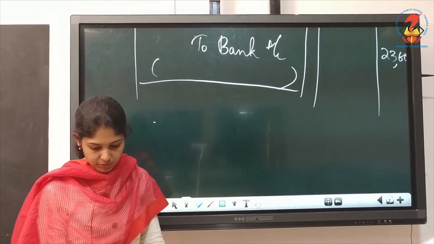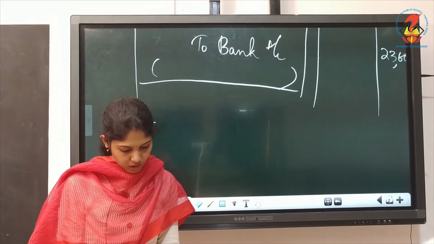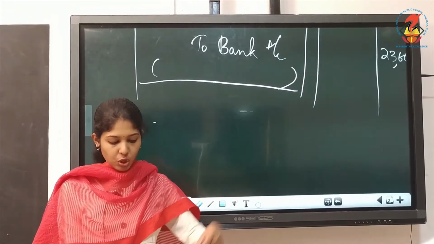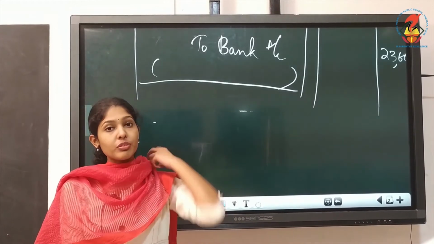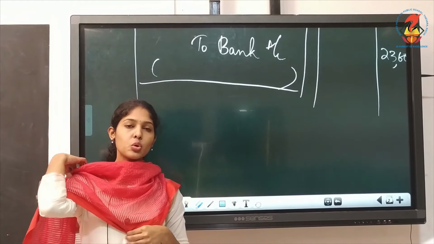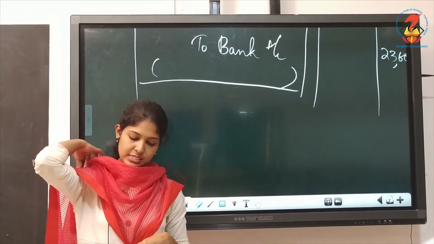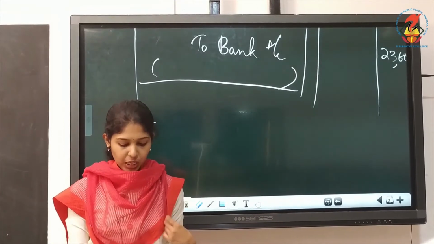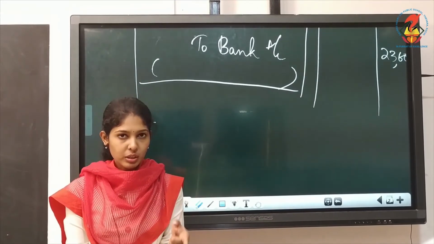The next one, April 19th, paid to Surya in cash on account. On account means on account of the previous transaction. We have discussed its transaction. No? So on account of the previous transaction on 7th of April, you have purchased goods from Surya. So for that time it was on credit.